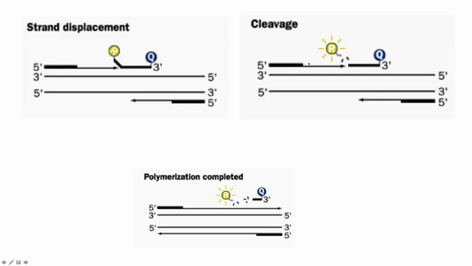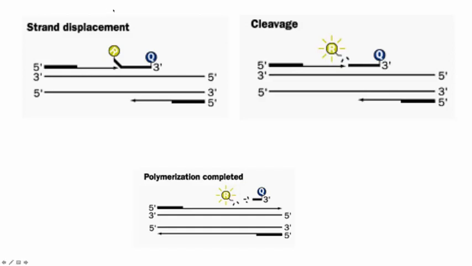exonuclease activity. So this exonuclease activity means that as this polymerase is extending in a 5' to 3' manner, it encounters this extra probe that's bound to the DNA. And when it encounters this, it does not just nudge it away.